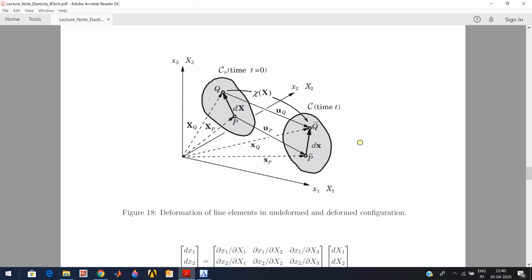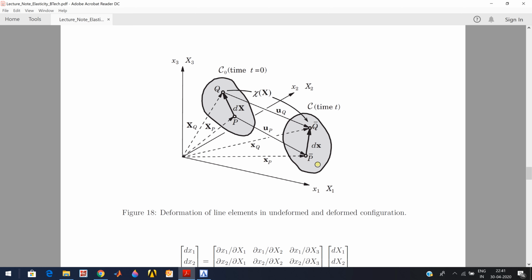Then P bar Q bar will be a line element which is denoted as dx. So the deformation gradient tensor will relate dX and dx.